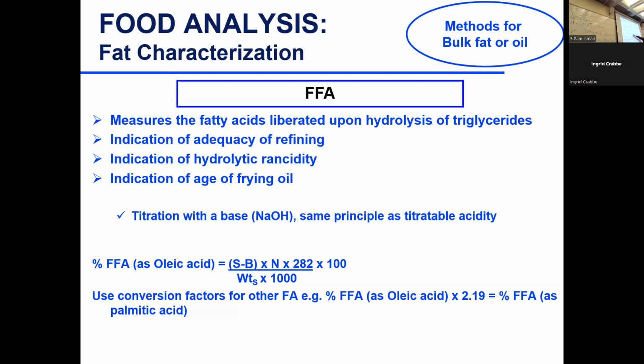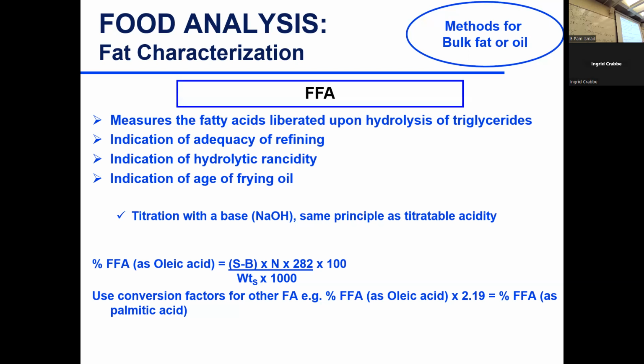Again, the normality of the NaOH you're going to use, and again, you're going to use phenolphthalein as an indicator. Here, we use the molecular weight of oleic acid. We always calculate assuming oleic acid molecular weight, divide by the weight of the sample, divide by 1,000 to correct milliliter to liter, multiply by 100 because it is a percentage.